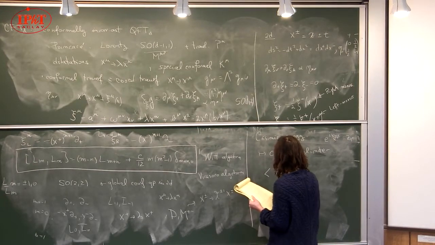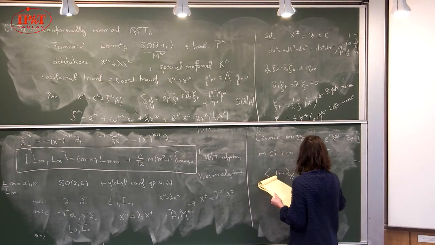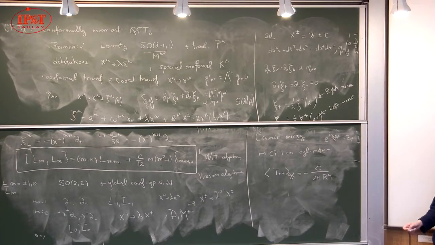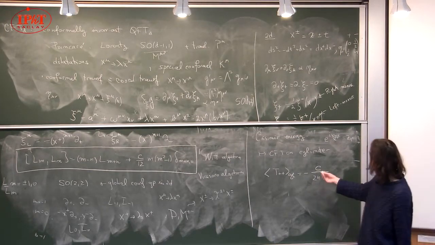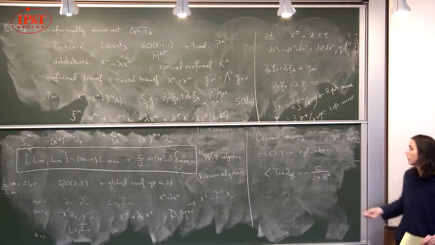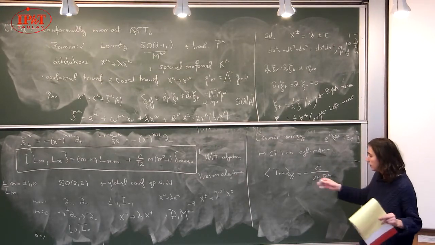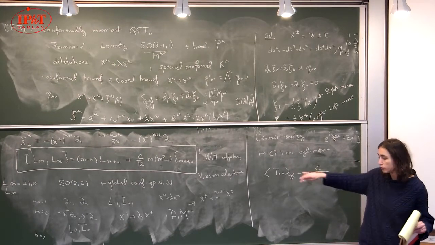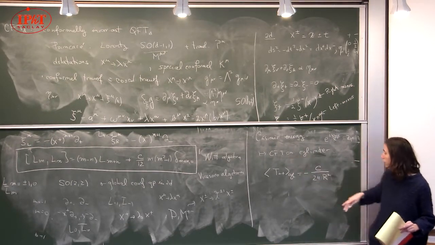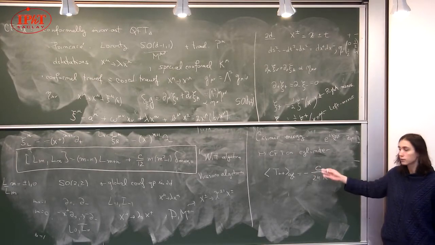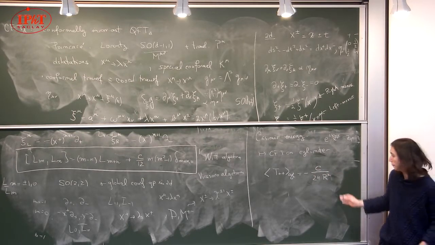So let me take just the plus component on the cylinder: T_{++} equals minus c over 24 R squared, where R is the radius of the cylinder. So the physical interpretation of what the central charge does is that when you go to the cylinder, you have to impose boundary conditions for whatever fields are making your CFT, and you pick up a contribution to the stress tensor which is universal and proportional to the central charge.